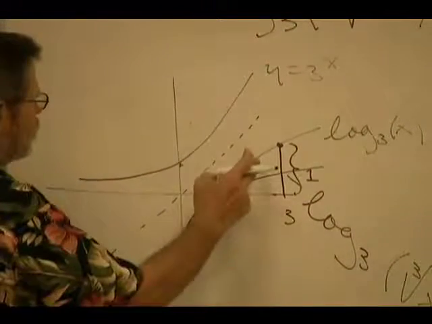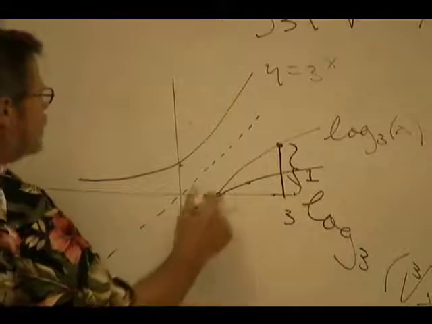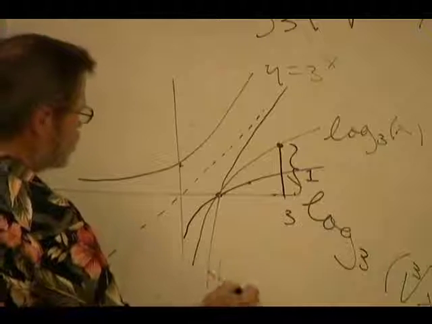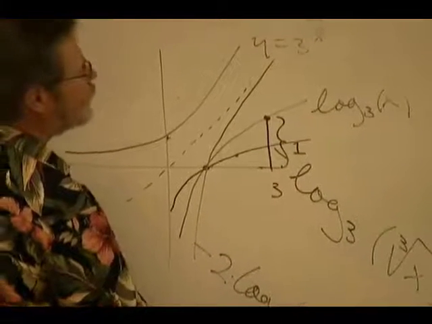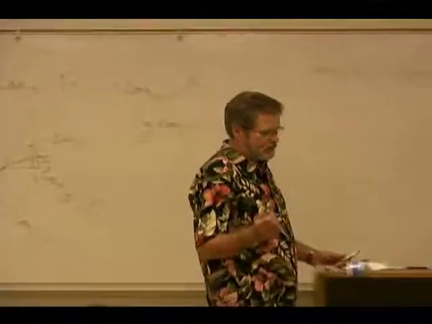Down here, where log to the base 3 is minus 1, it's down at minus 2. It decreases more rapidly. This is 2 times log to the base 3 of x. Questions?